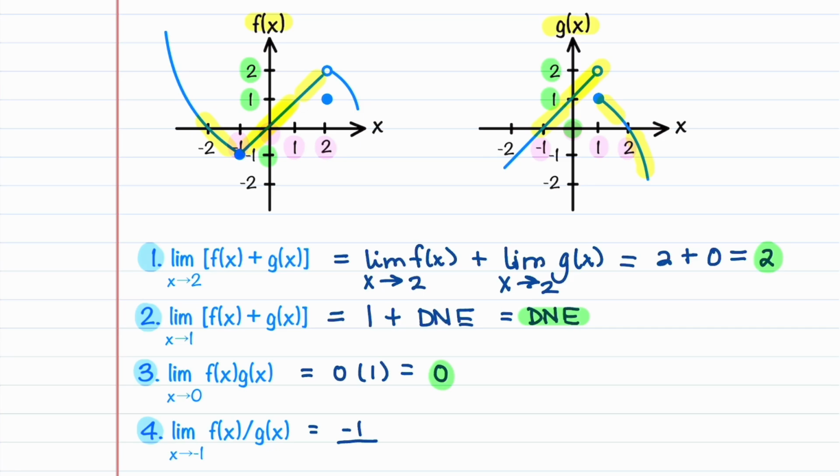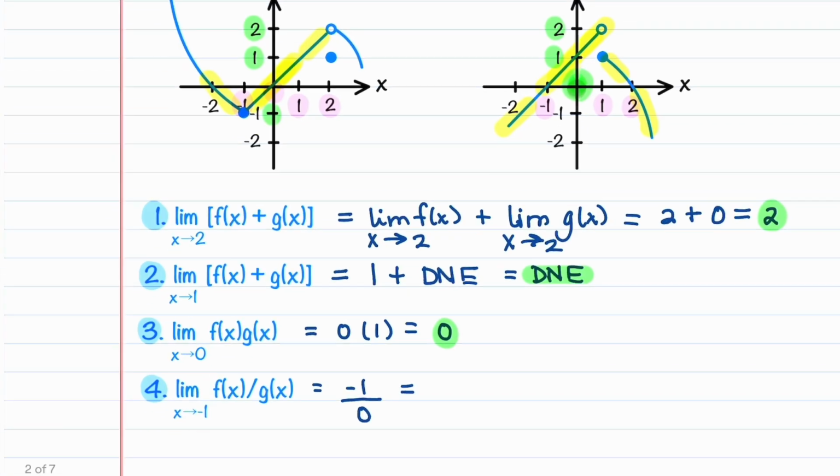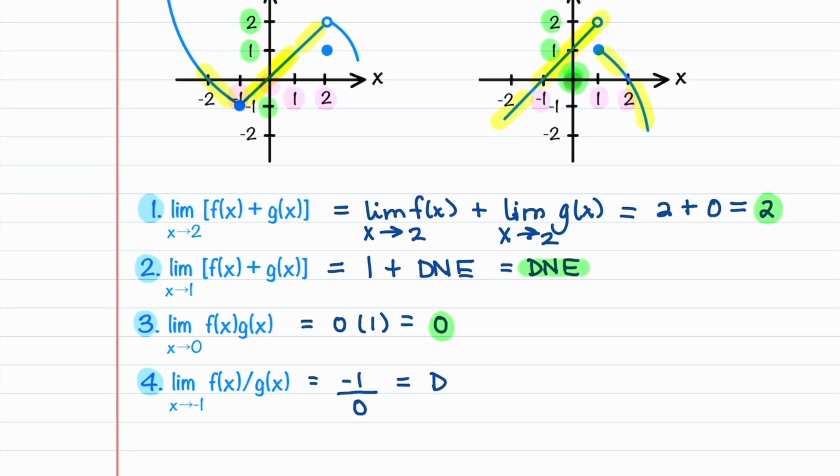Again, we're focusing on -1. We're going to come from the left and the right up here at g of x, and we get a value of 0. So we have -1 over 0. Whenever we divide by 0, we end up with a limit that does not exist. So we're going to write down DNE for our answer.